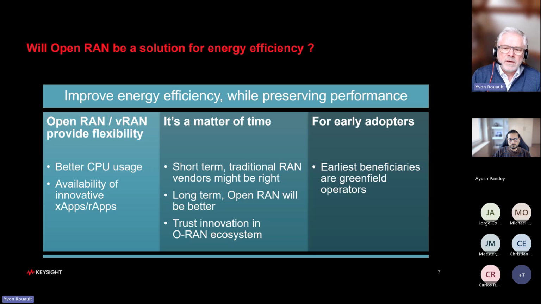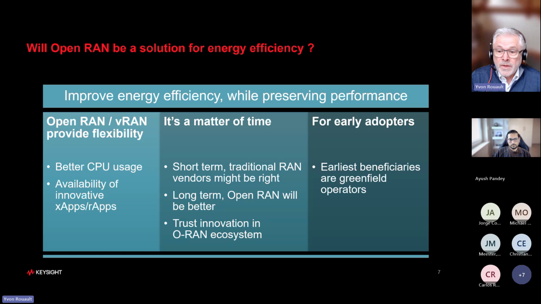But over the long term, Open RAN, because of what I wrote on the left-hand side, should provide better, more efficient, and different ways to optimize the energy consumption in a very sophisticated way. And in general, we are in the technology altogether, right? So we should trust the innovation. And in the ORAN ecosystem, there is a lot of innovation. I mean, lots of new companies bringing solutions, proposing alternatives. So that should provide some good ways to optimize energy in the future.